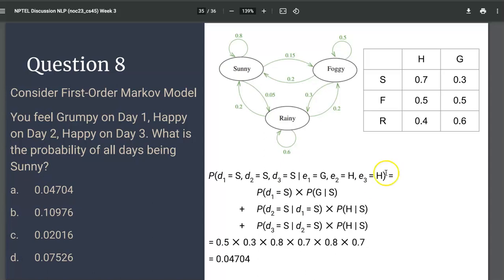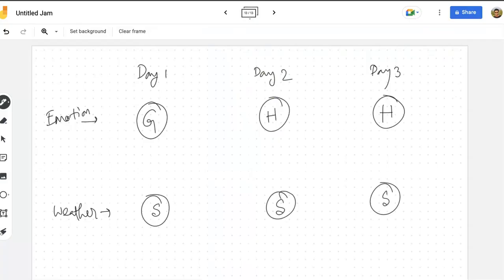Okay, let's do it. If I write it in probability form, there is only one way you can go with this, because the transition is from weather to weather. There are not multiple paths, so there is only one path.